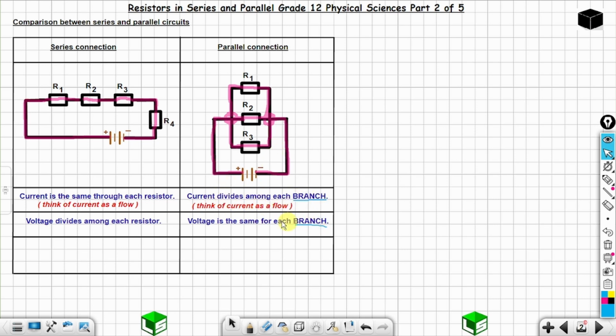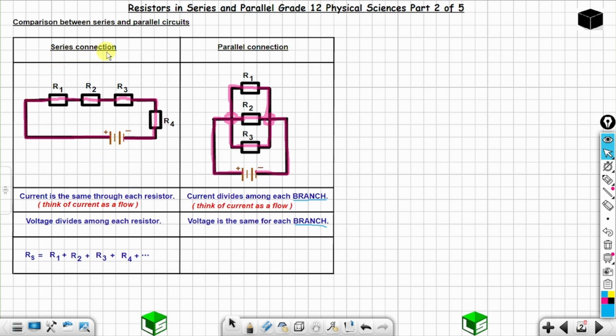Now for the formula for finding the total resistance in a series connection, this is the formula: you add R1 plus R2 plus R3 plus R4 and so on, depending on how many resistors you have.